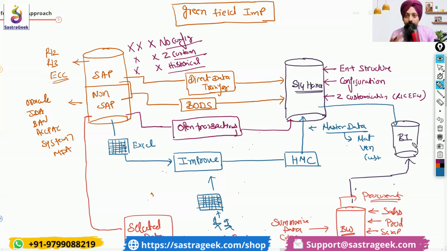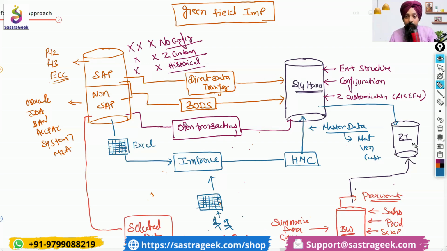You can combine them and generate analytical reports or dashboards. For example, we implemented S/4HANA in 2020, but you want to show year-on-year trends from 2005 to 2015 to 2020, what the sales growth was. That kind of data you would be able to produce with this approach.